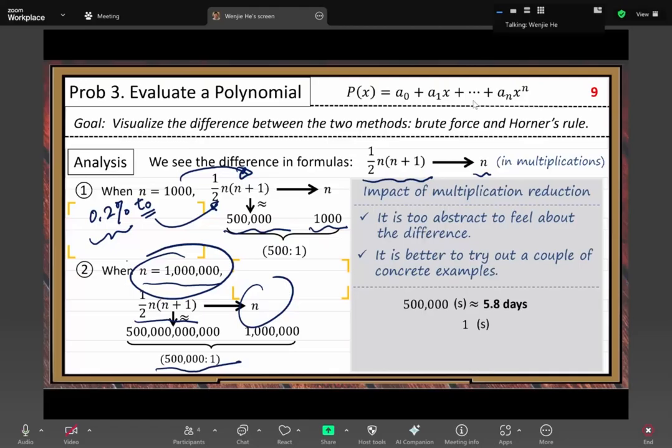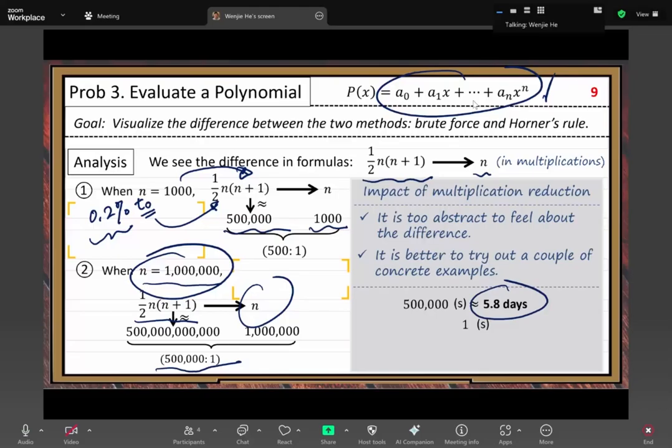But if you only know the brute force method, if you do not know Horner's rule, as 90-something% of people only know the brute force method, then you write a program to calculate that 1 million term polynomial. After you hit enter, you need to wait 5.8 days to get the answer.